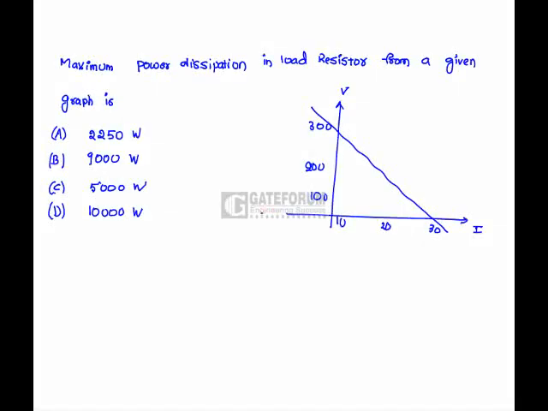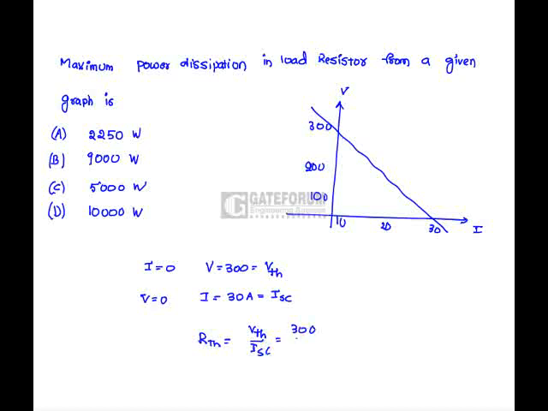Maximum power dissipation in the load resistor from the given graph: from this one, I equals 0, V equals 300, which is nothing but V Thevenin. V equals 0 means I equals 30 amps, which is nothing but I short-circuit. So R Thevenin is V Thevenin by I SC, that is 300 divided by 30, which is 10 ohms.